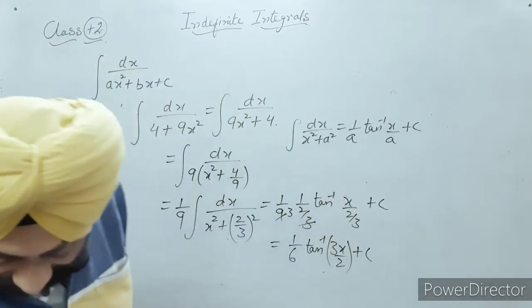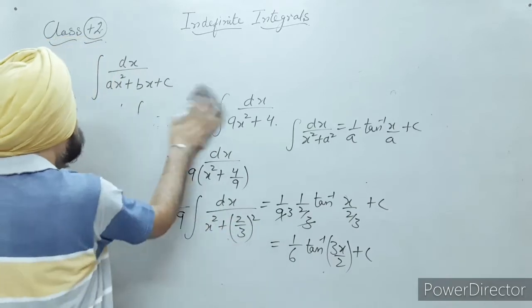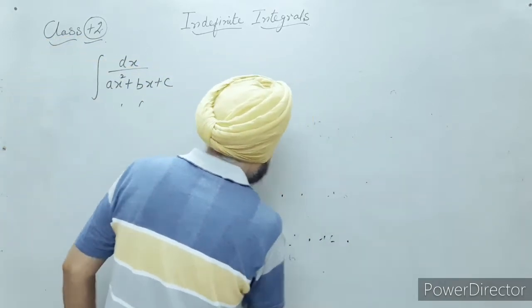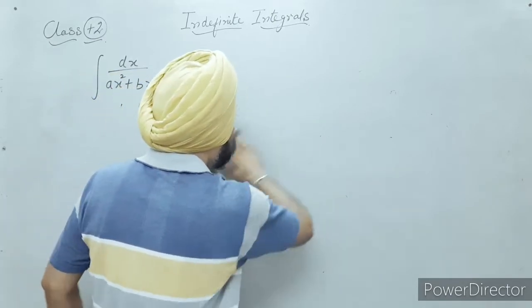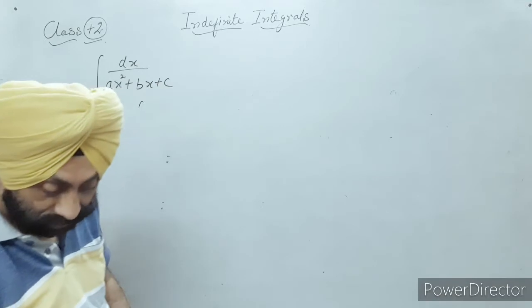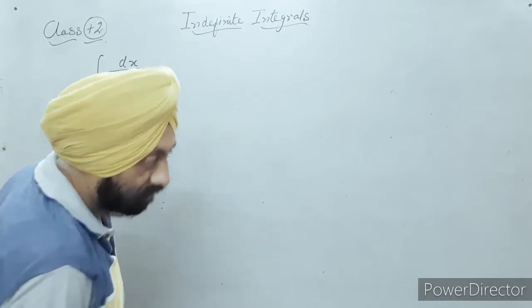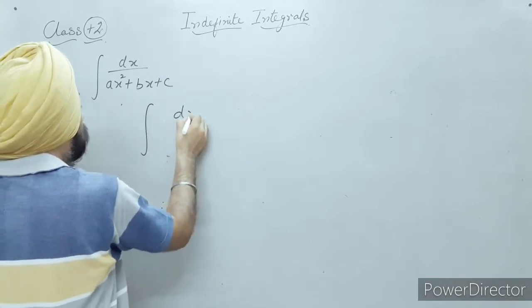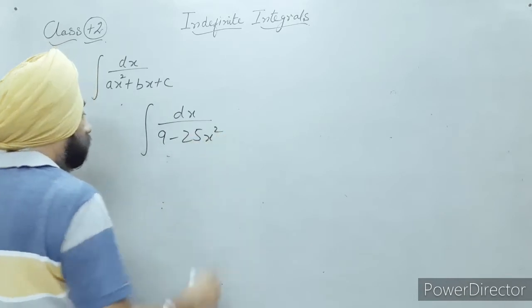One more sum I would like to do is the integral of dx upon 9 minus 25x square.